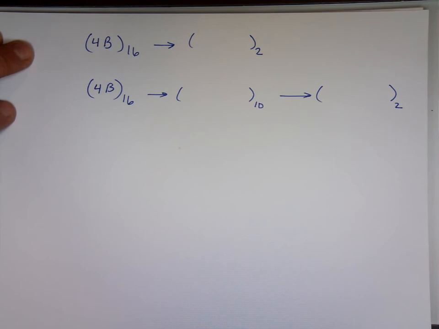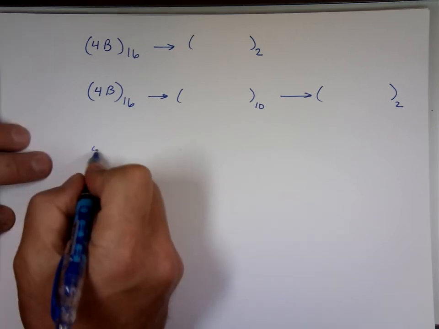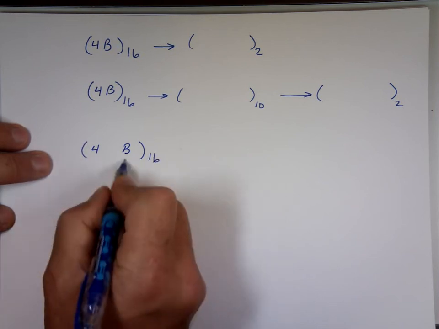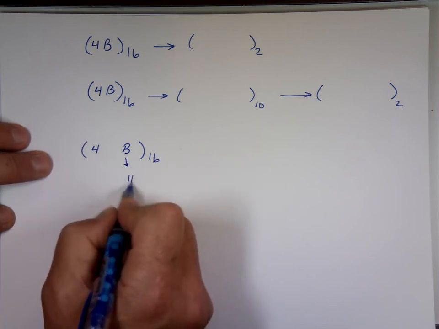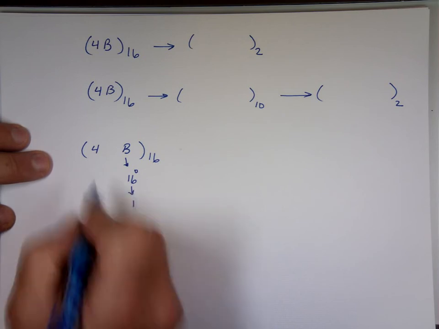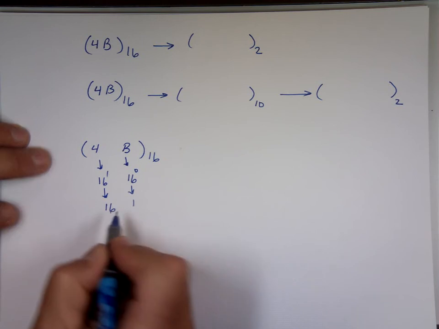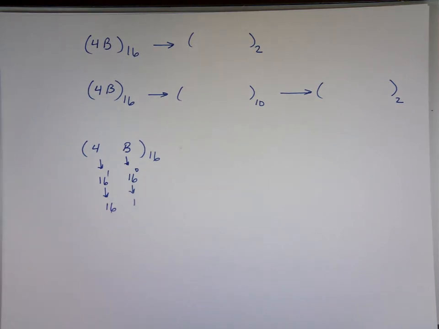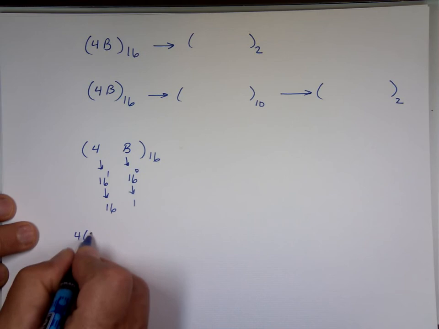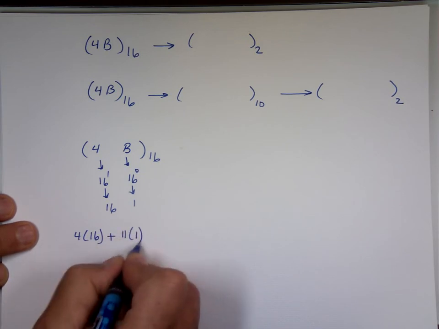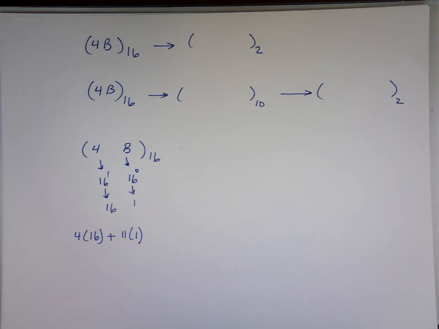So there's the 4 and there's the B. Base 16. The weight of this is 16 to the 0, which is 1. This is 16 to the 1, which is what? 16. That'll be 4 times 16 plus B is 11, 11 times 1. 4 times 16 plus the 11, it's 75.